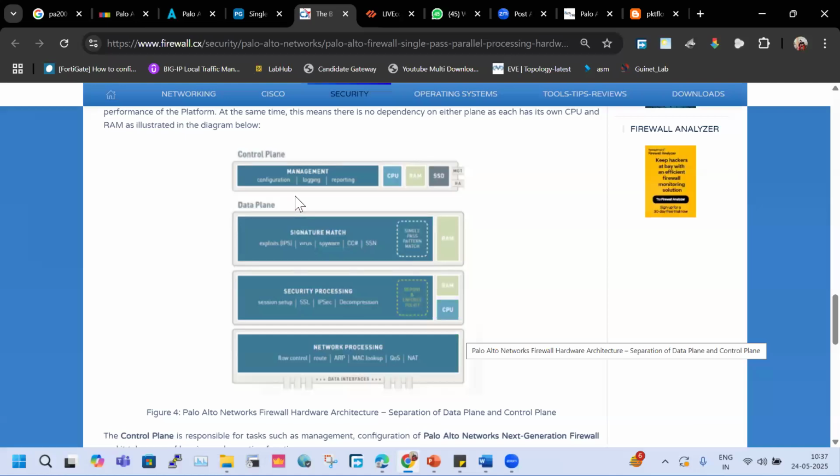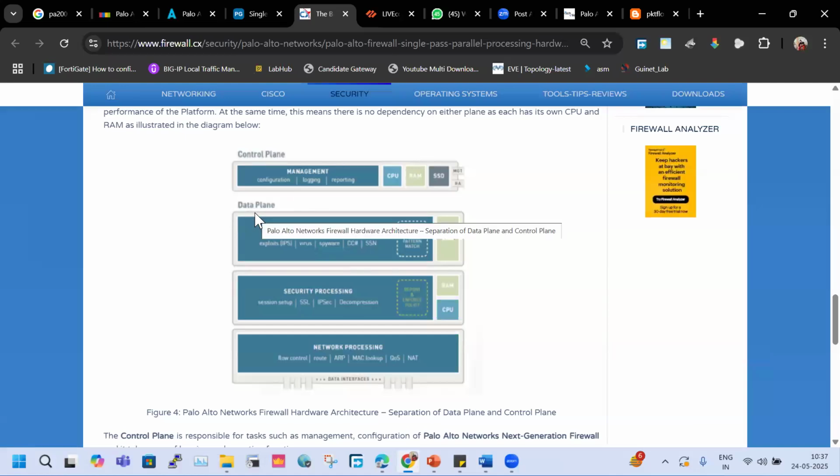If your data plane is impacted, suppose you are under a DoS attack in your network, your control plane will not be impacted. You can at least access your firewall and see what is happening, because it has dedicated RAM, CPU, and all those things.